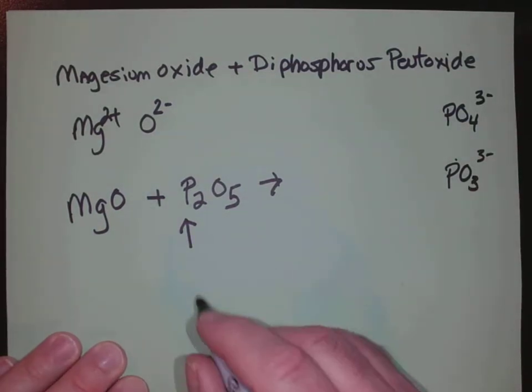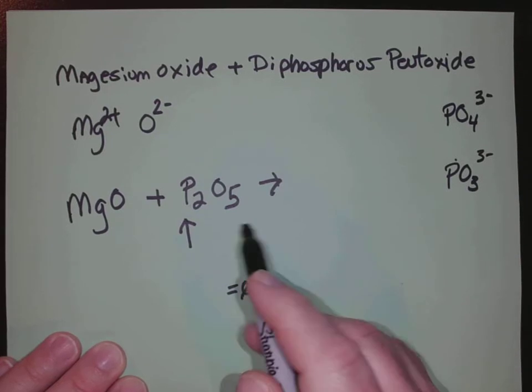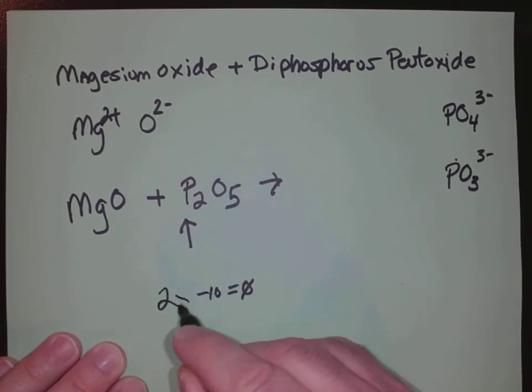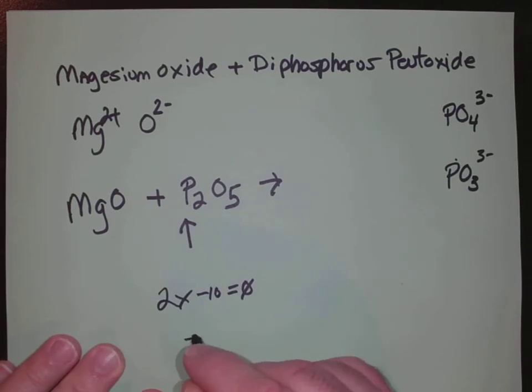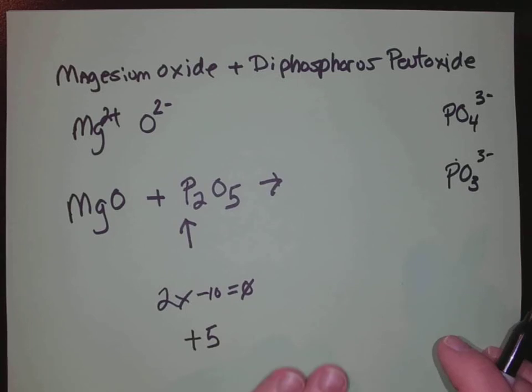So we need to go figure out the oxidation number of phosphorus. Again, equals 0. 5 times -2 is a -10, and we'll call this 2x because there's 2 of them. So in this case, if you do the math here, x has to equal 5+. All right? So our polyatomic ion has to be 5+.